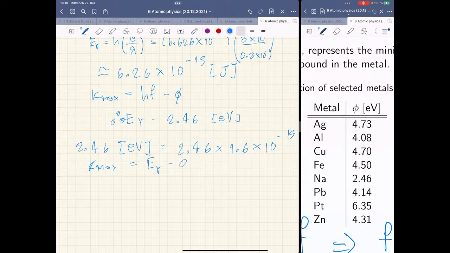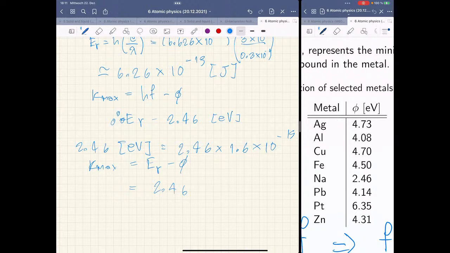E gamma minus work function. That's the work function, right?